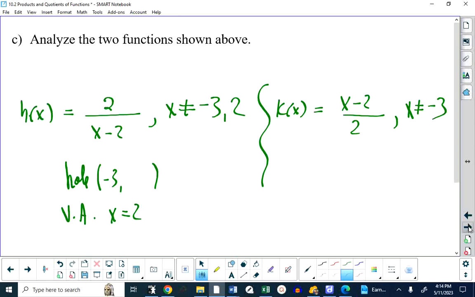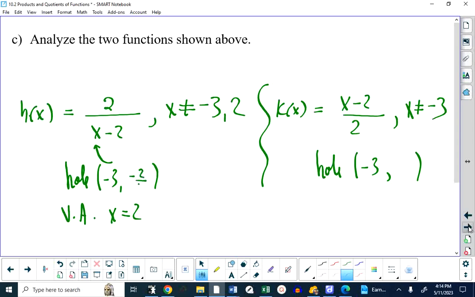Over here, we have a hole as well. It's at negative 3, but there were no other non-permissible values. The y-coordinate of the hole is found by putting the non-permissible value, the x-coordinate of that point that doesn't exist, in for x in the simplified function. If we do that, we get 2 over negative 5.